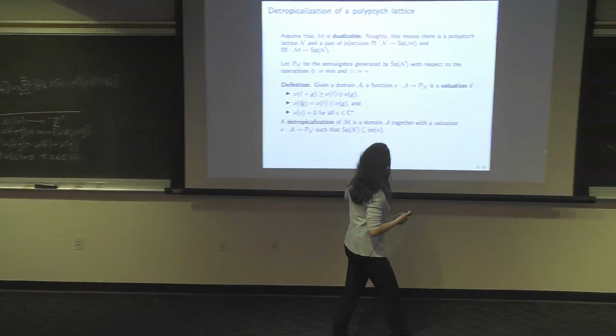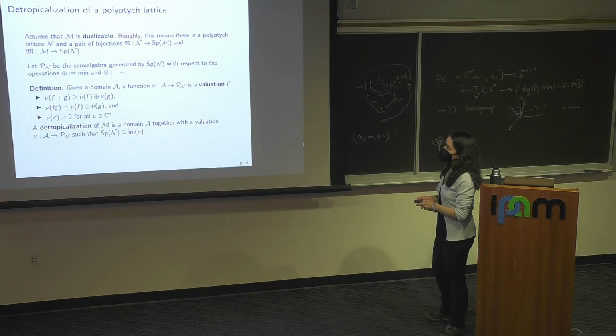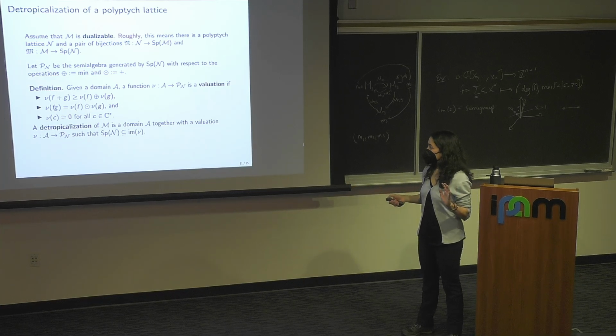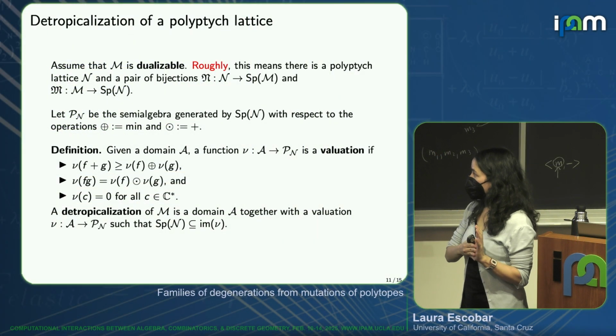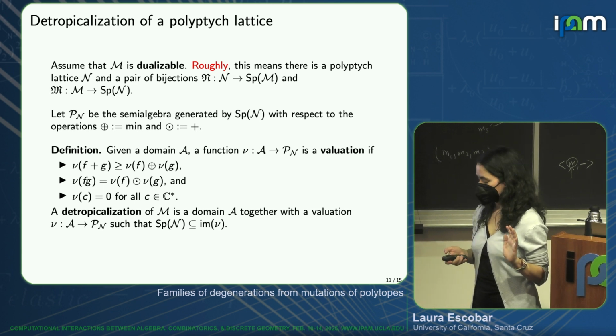And so the tropicalization of M is a domain A together with a valuation. Remember, we started with polytopes and we want to go to algebra. To go to algebra, we need a valuation that goes from your algebra to this semi-algebra.